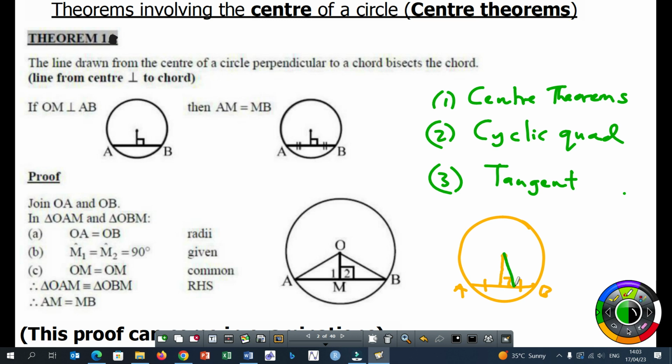It may originate from the center, but if the line is not perpendicular to the chord, then it won't bisect the chord. So any line drawn from the center of a circle perpendicular to a chord bisects the chord.